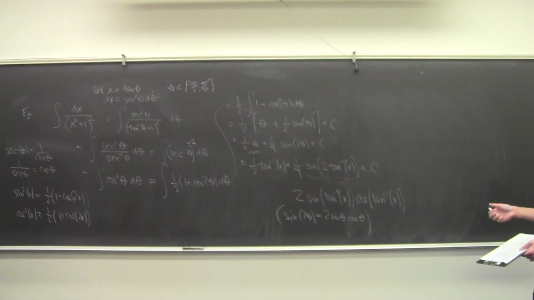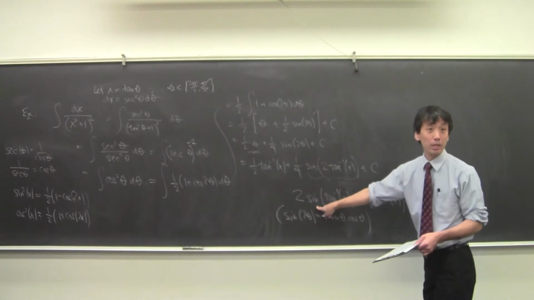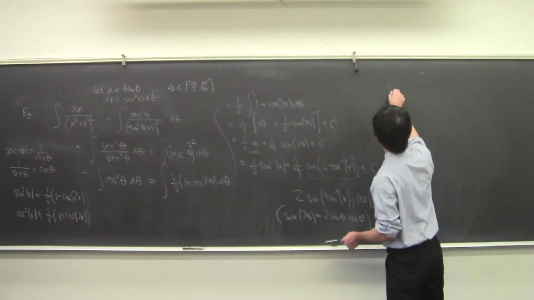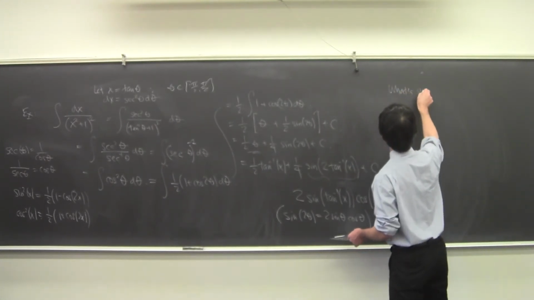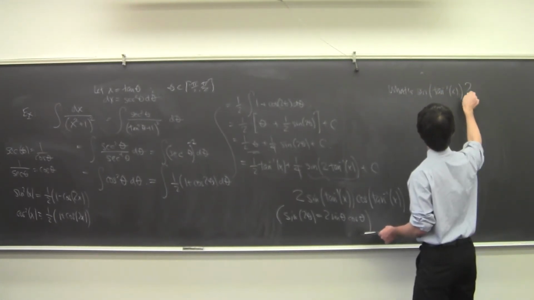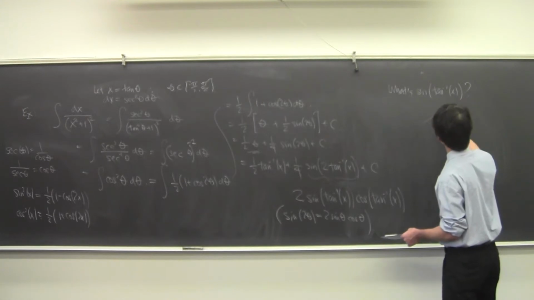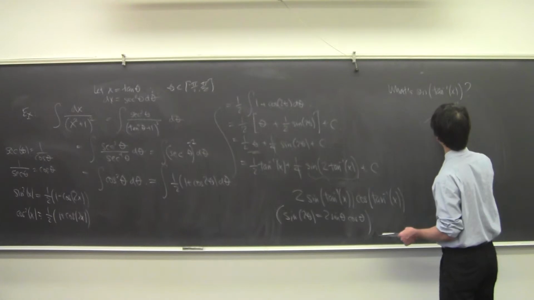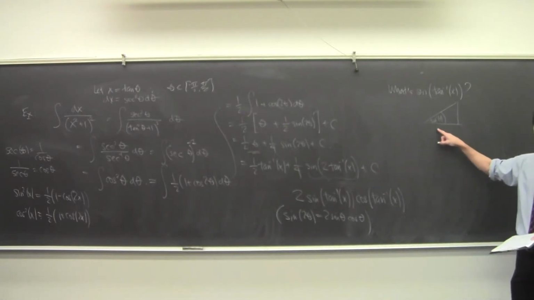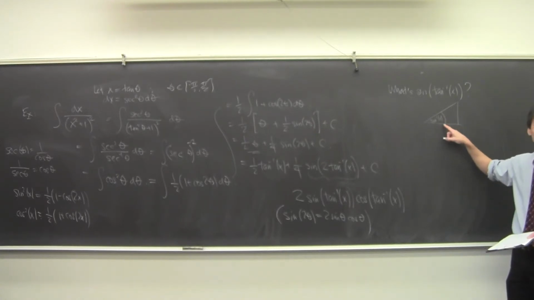And then the second thing is that you can simplify this a bit farther. What's the sine of the arctan? You think like this. If this angle is arctan x, then what's the tangent of that?